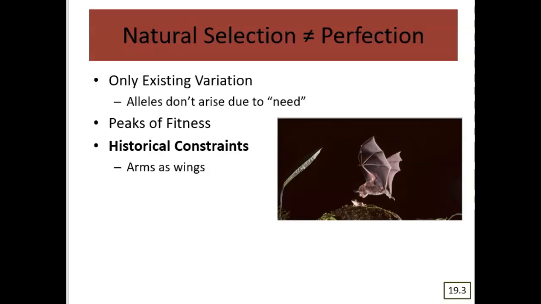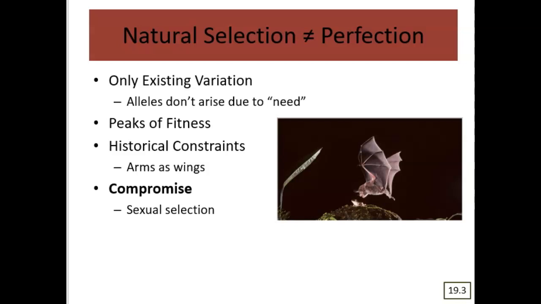Something else to think about is that organisms aren't able to do everything perfectly, right? There's always going to be some sort of compromise involved. If we think, for example, about sexual selection, right? There's some compromise that if the traits a female chooses are so detrimental, right?